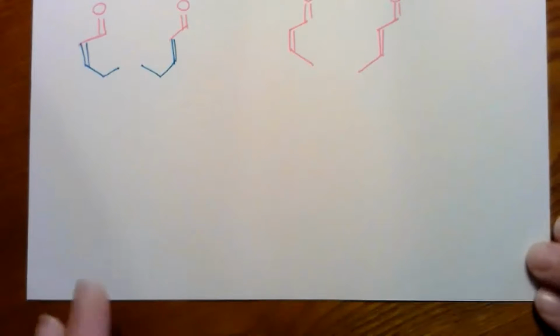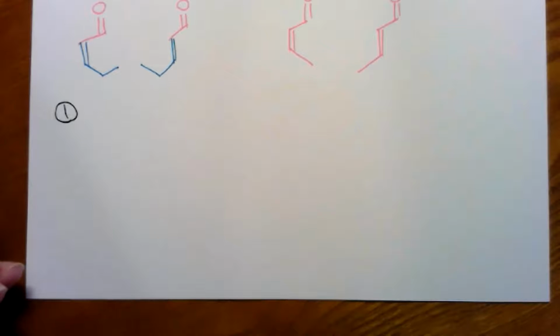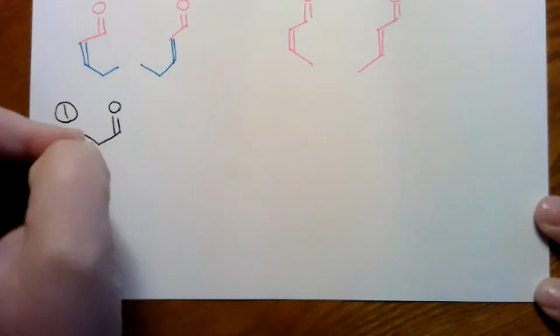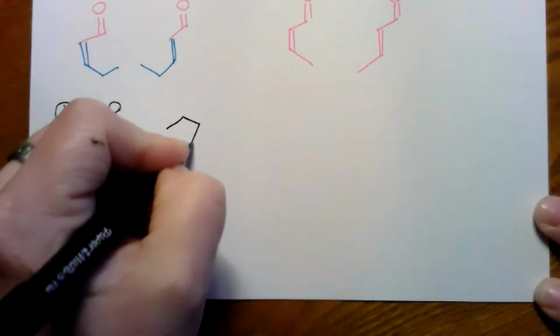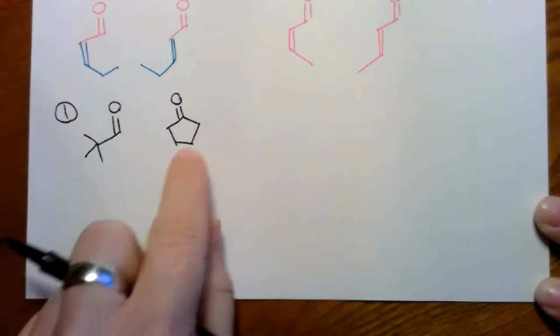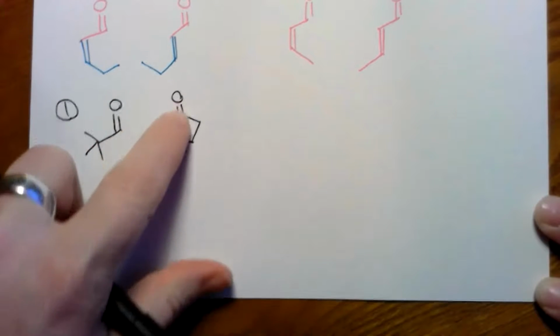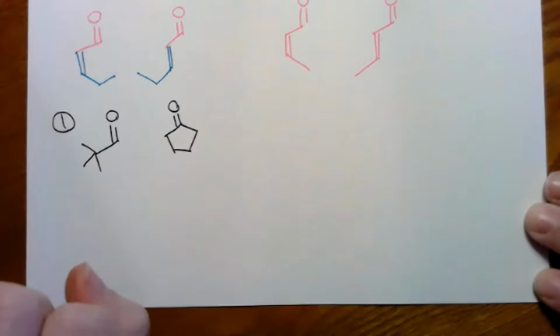Method number 1 says, react an aldehyde which has no alpha hydrogen with a ketone which has only one type of alpha hydrogen. Let's make something up. So this has 2 sets of alpha hydrogens, but because this molecule is symmetric, this side and that side alpha hydrogen are the same.